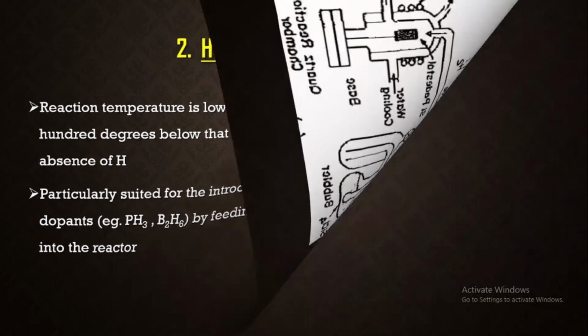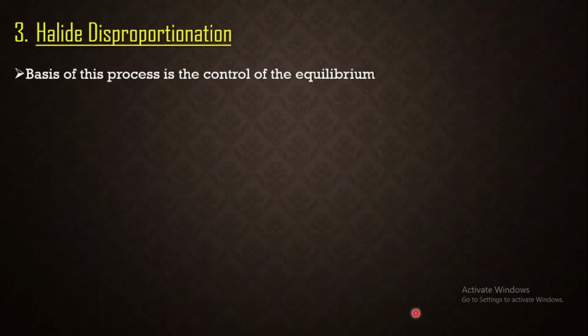The third type is halide disproportionation. The basis of this process is the control of the equilibrium that exists between different precursors, for example silicon tetraiodide and silicon diiodide, or similarly with respect to germanium. So these are some examples.